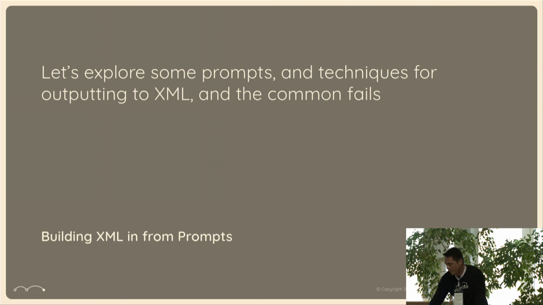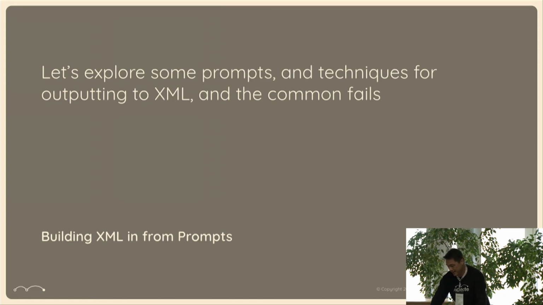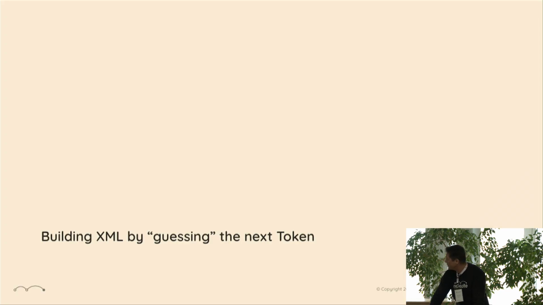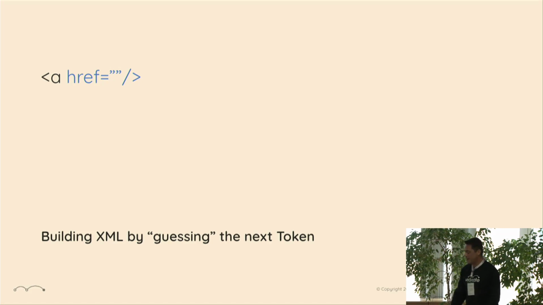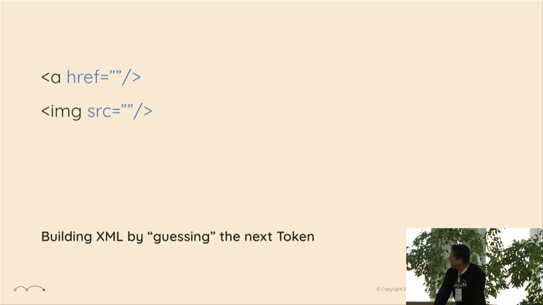So let's explore some prompts and techniques for outputting to XML. Or how to do it wrong. There's a lot of good fails in here that I've tripped across. So here's that example. If it's a common schema, it's going to know what comes next often.